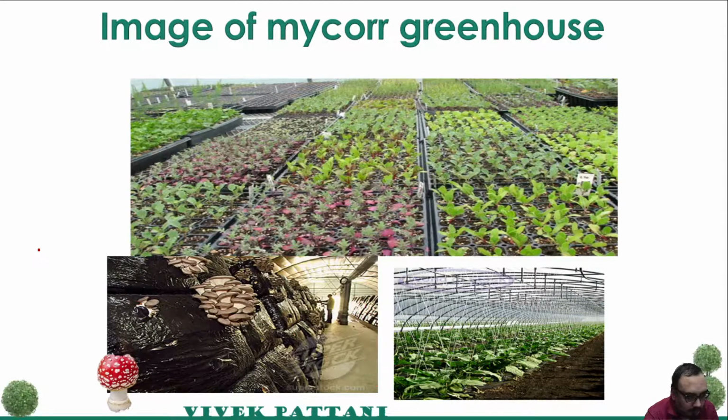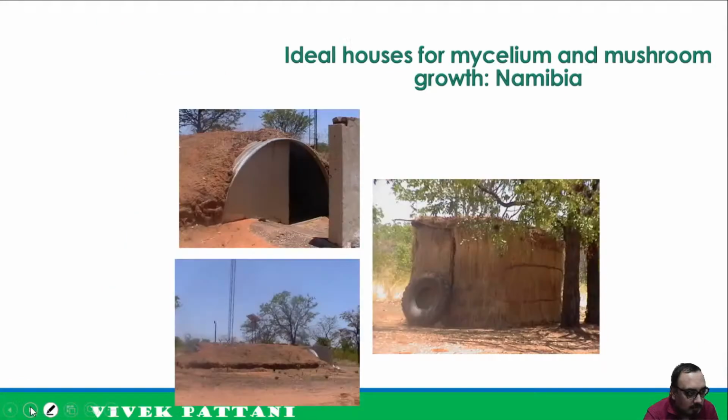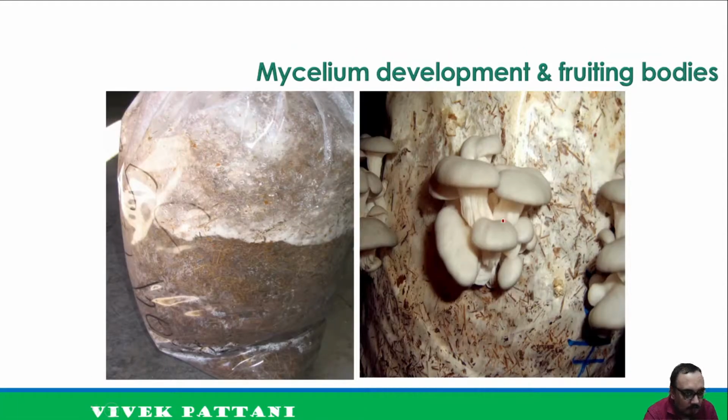And mushrooms, you all know, can be used as food also. These photographs show ideal houses for mycelium and mushroom growth in Namibia. Fruiting bodies, just photographs left in today's lecture: mycelial development and the fruiting bodies, you can see.